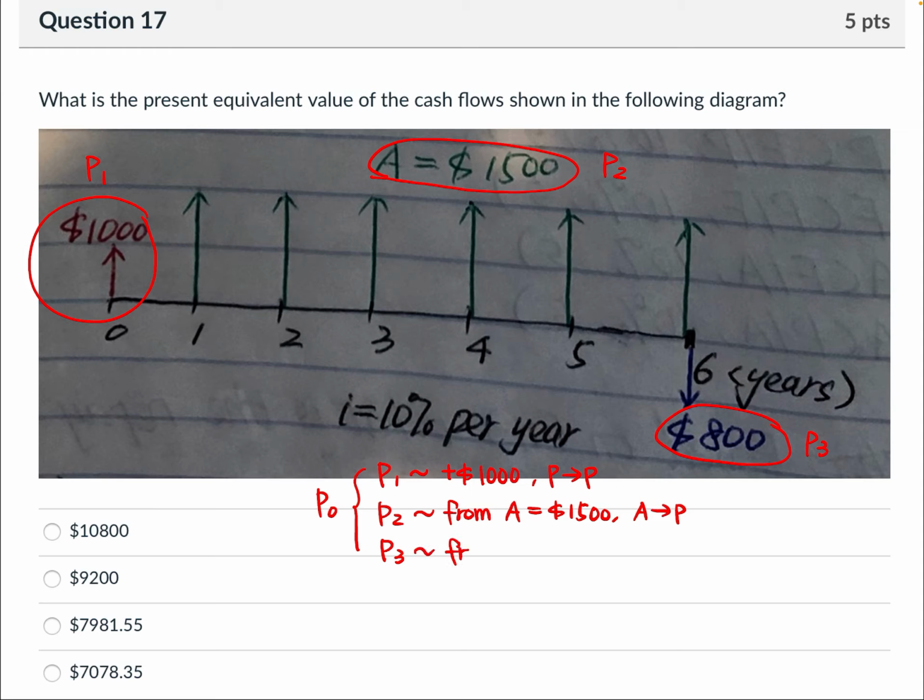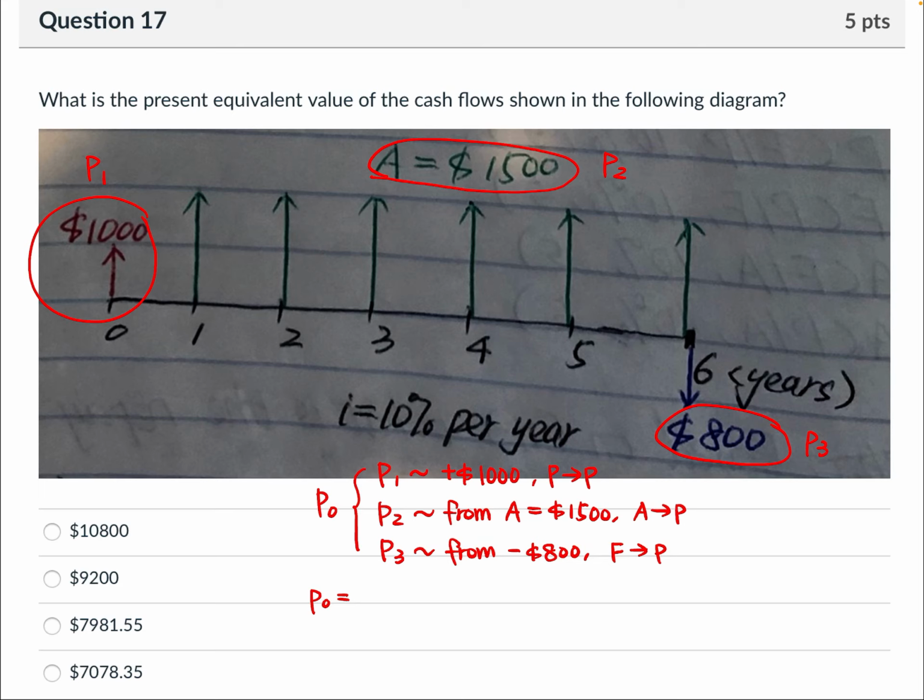P3 is from the negative 800 at the end of the 6th year, so it's to convert a future cash flow to present cash flow. Okay, so your P0 is going to be the sum of all of this.